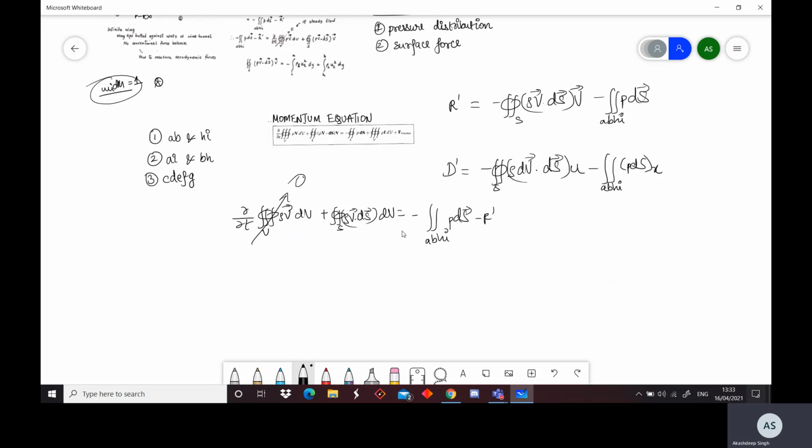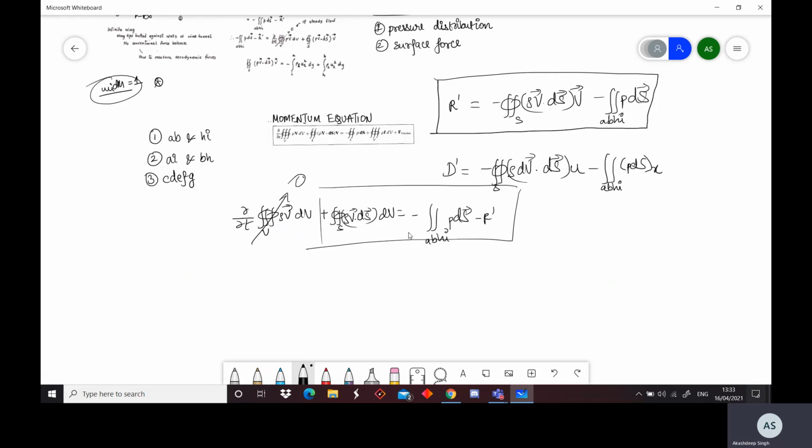So this term becomes 0, and the equation just remains with this. From this equation, you can isolate R prime in one direction, and it becomes this equation that I've written over here.